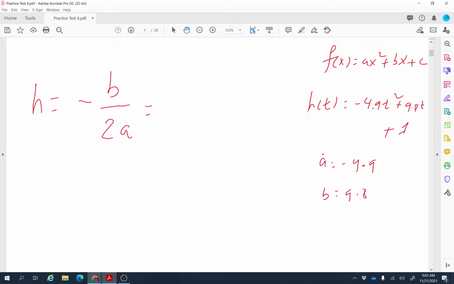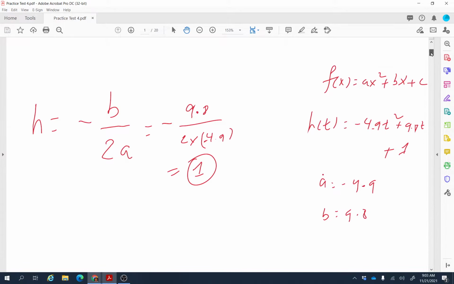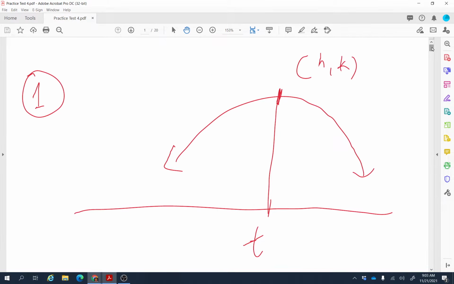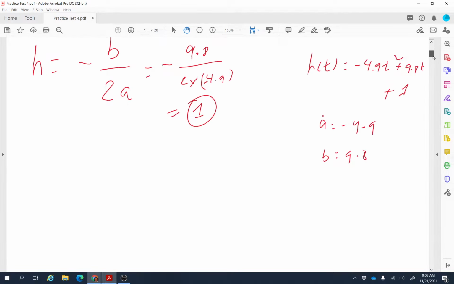If you just plug in the value of b, which is 9.8, over a, which is negative 4.9, and divide, it will be 1. So the maximum height will be at t equals 1, and then you can find the maximum height by plugging the value of time into the given function.